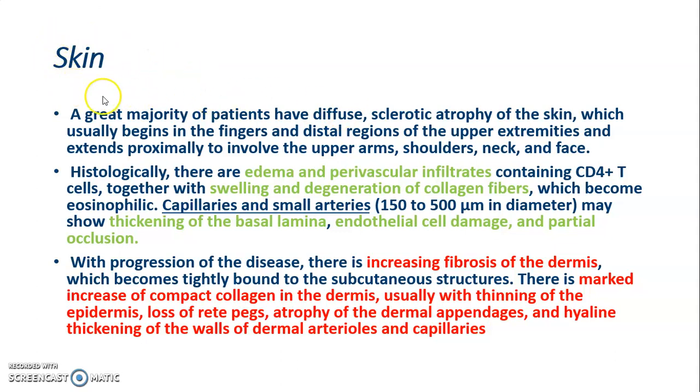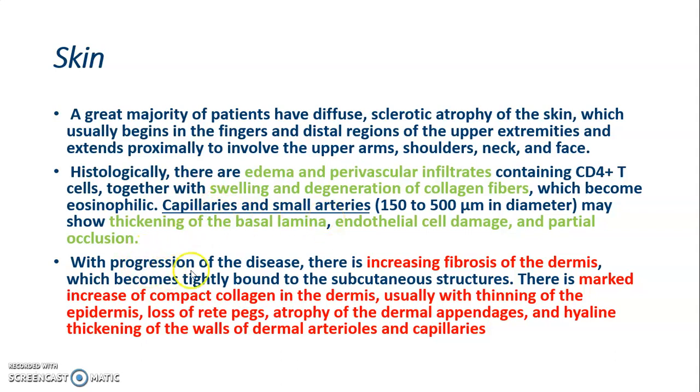When the skin is involved, the patient has diffuse sclerotic atrophy of the skin, which usually begins in the fingers and distal region of the upper extremities and extends proximally to involve the upper arm, shoulder, neck, and face. Histologically, there is edema and perivascular infiltrate, then swelling and degeneration of the collagen fiber, thickening of the basal lamina, endothelial cell damage, and partial occlusion of the capillaries and small arteries.